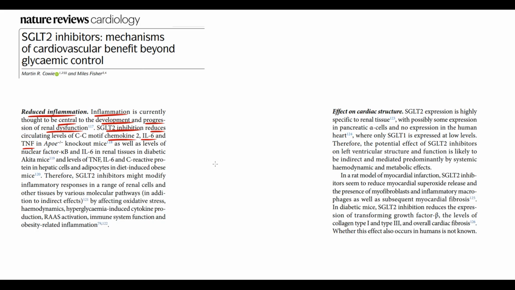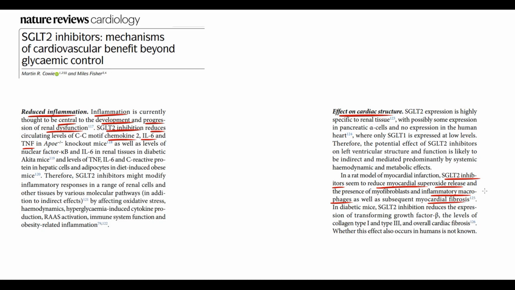Also, because SGLT2 inhibitors have some antioxidant properties, they reduce the release of superoxide in the myocardial tissue. Superoxide is a free radical, so SGLT2 inhibitors can decrease the severity of oxidative stress, and subsequently this will decrease inflammatory processes in myocardial tissue, and thereby it will decrease myocardial fibrosis.